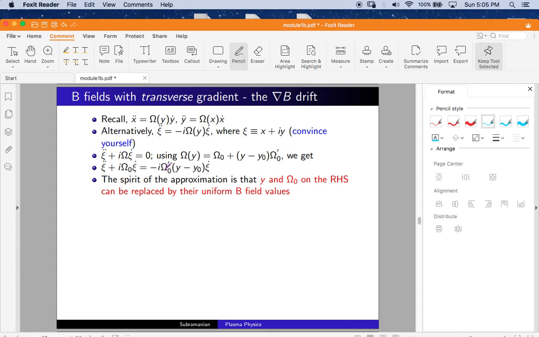This is the basic trick, if you will. Okay, and this is not so much a trick as the essence of the approximation, the slowly varying approximation.